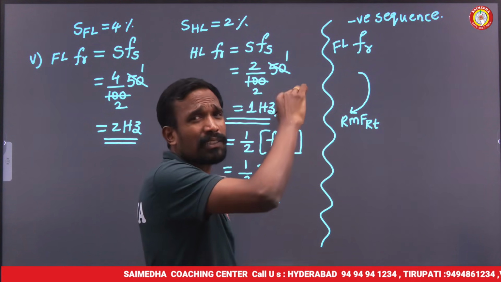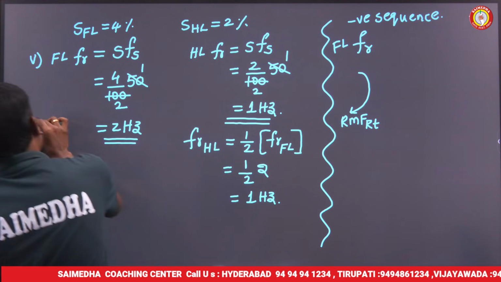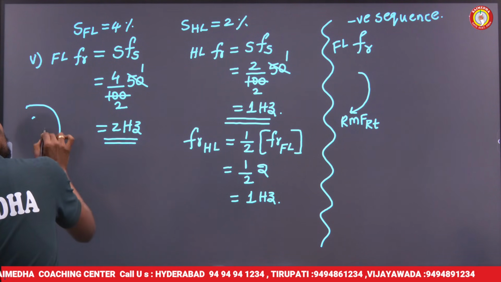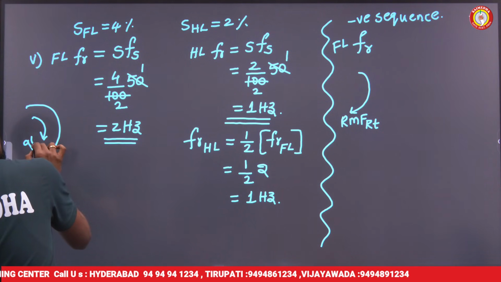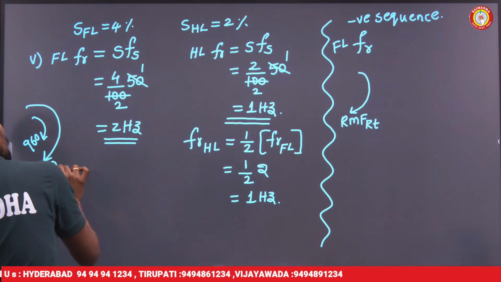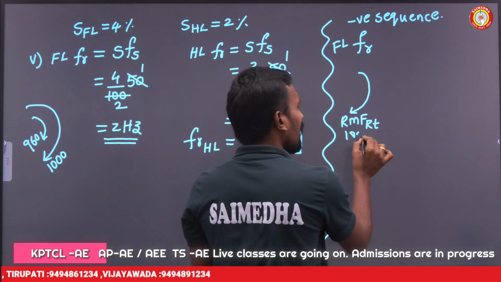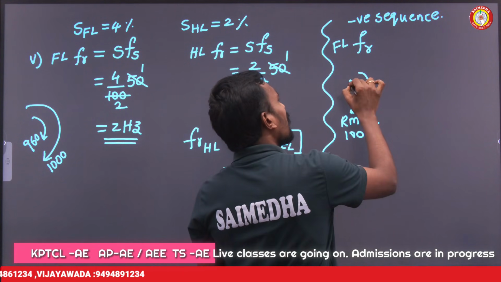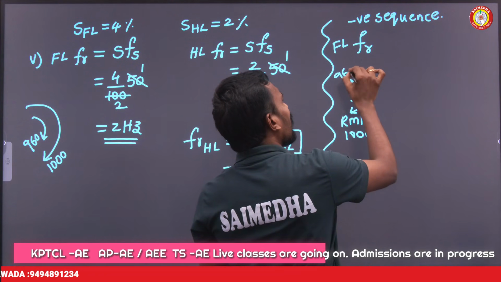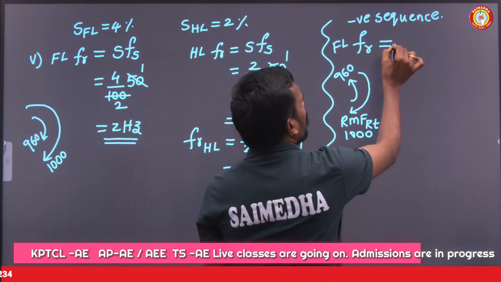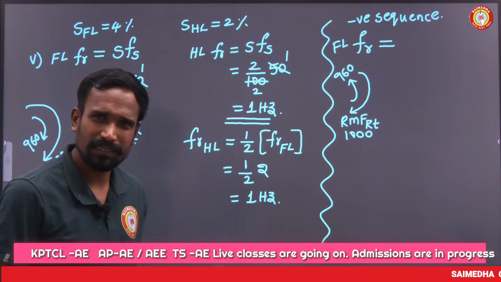Actually the rotor also rotates clockwise at 960 rpm. The synchronous speed is the magnetic field speed, which is 1000. If the rotor is rotating in negative direction, then what will be the rotor frequency?